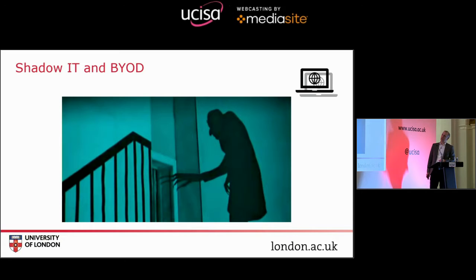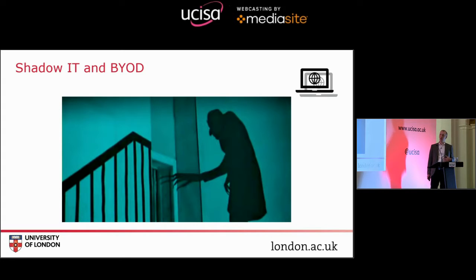Now, when it comes to shadow IT and the challenges around bringing your own device, again, we need to make sure that the identity services are able to cope with this, so that users are perhaps less inclined to go off and sign up to an external service, and perhaps more inclined to come to the IT department and see how they can integrate that.